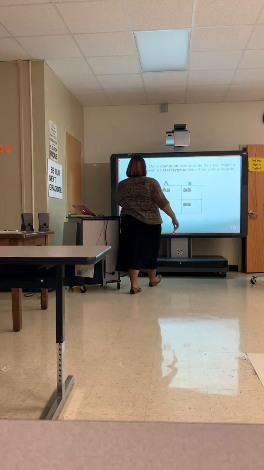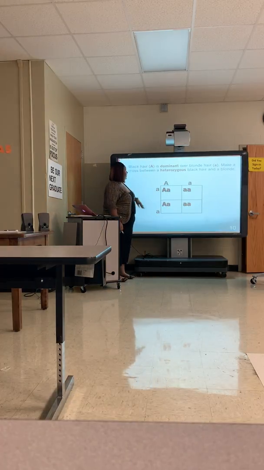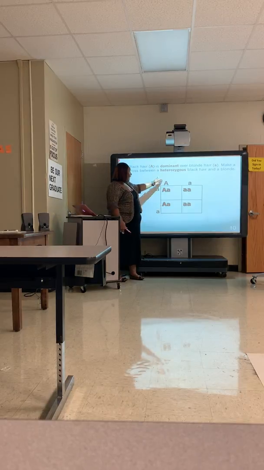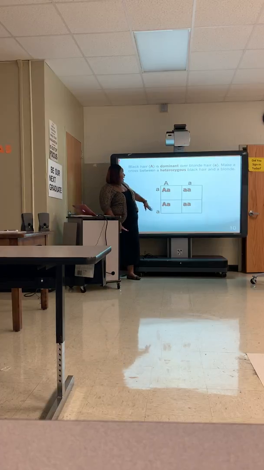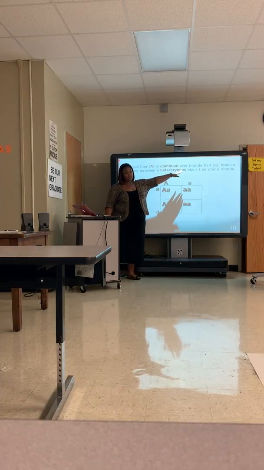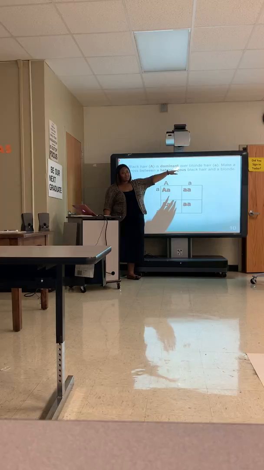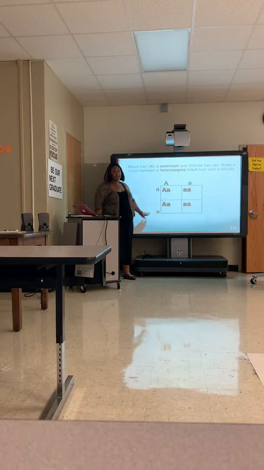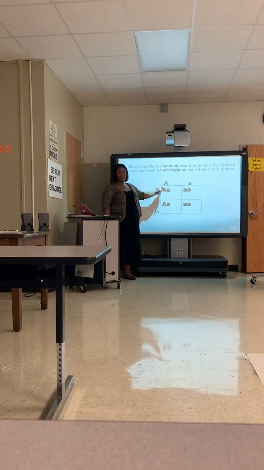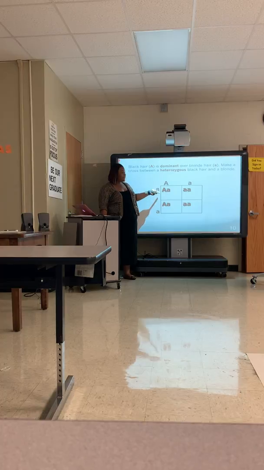So if you look here, you have a heterozygous allele combination, capital A, lowercase a. We know that blonde is recessive, so it's going to be what? Lowercase letters. Now, we're going to cross each allele. A lowercase a with capital A in this box gives you a heterozygous allele combination.